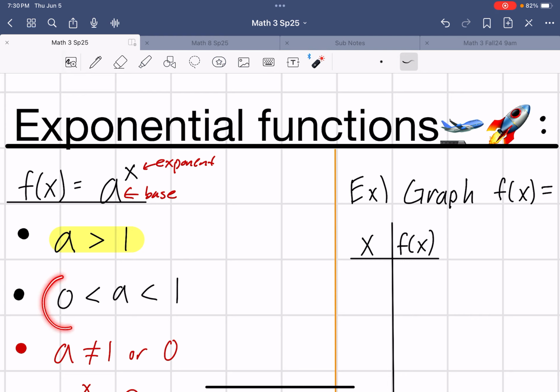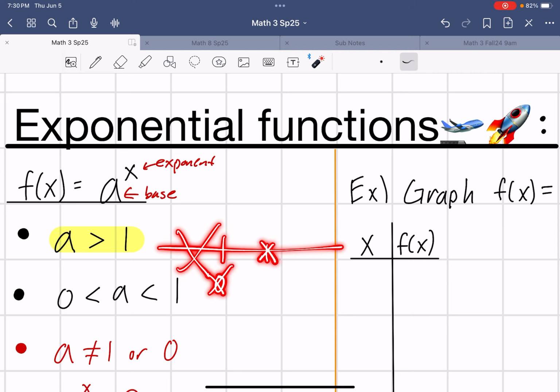So it cannot equal 1 or 0. It can't be negative because the signs will alternate. But it can be any number other than that, so anything bigger than 0 and in between 0 and 1. If you're looking at a number line, no 0, no negatives, no 1, but then everything else is perfectly okay.